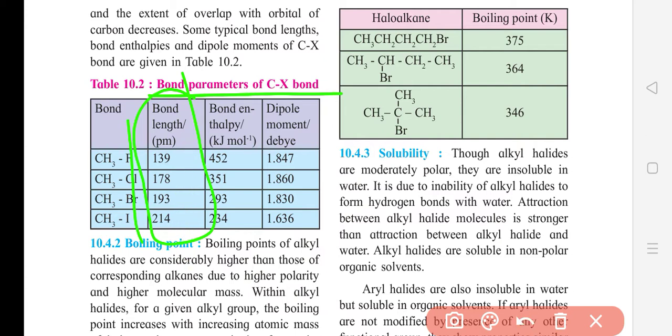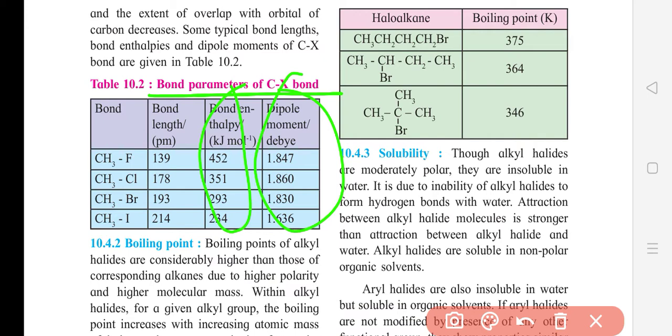But as the bond length is increasing, what is happening to the bond strength? बॉन्ड strength क्या हो जाएगी, decrease हो जाएगी. Okay, so this is the bond enthalpy, strength उसकी decrease हो रही है, and this is also the dipole moment which is mentioned over here. So this is the first physical property, that is the nature of intermolecular forces.